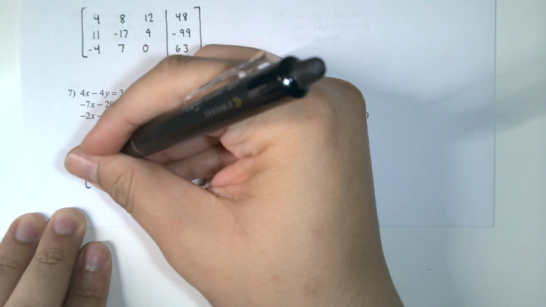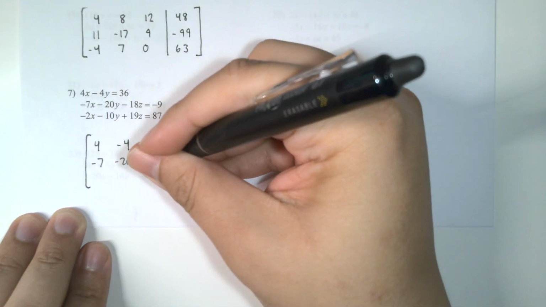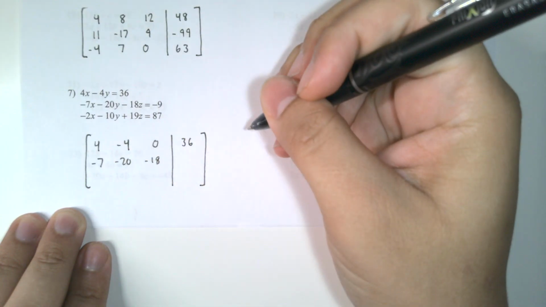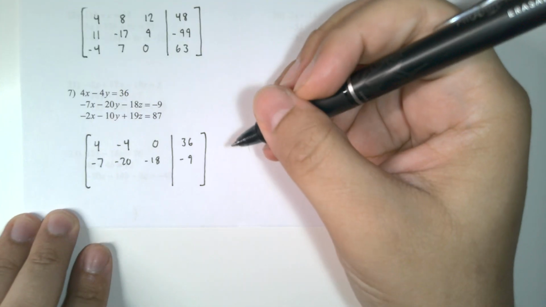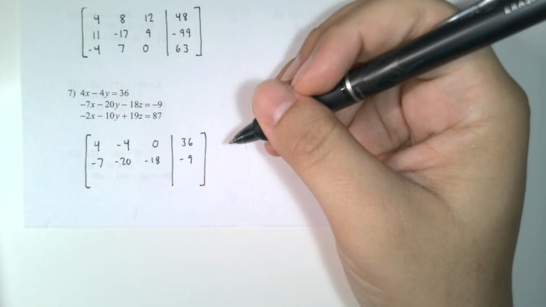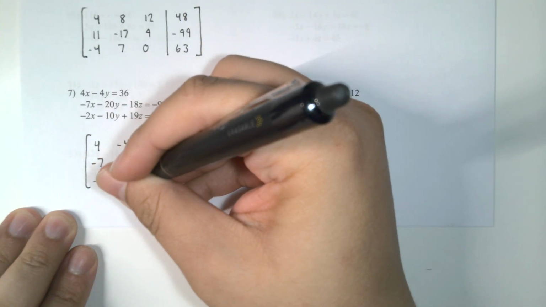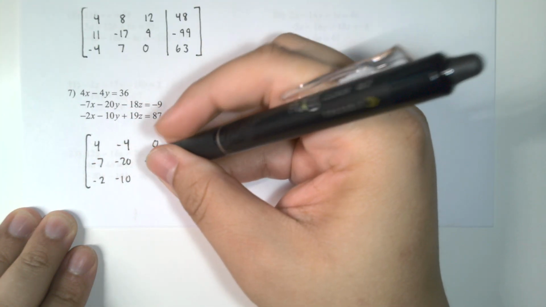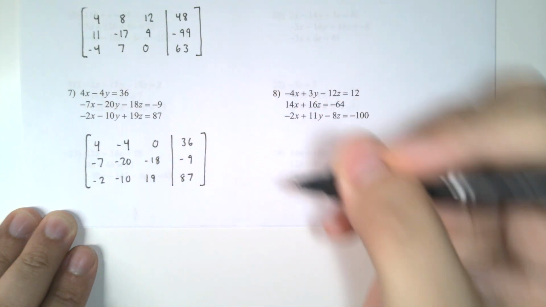For the second equation, we have negative 7x, negative 20y, negative 18z is equal to negative 9. And then for the bottom equation, we have negative 2, negative 10y, 19z is equal to 87.